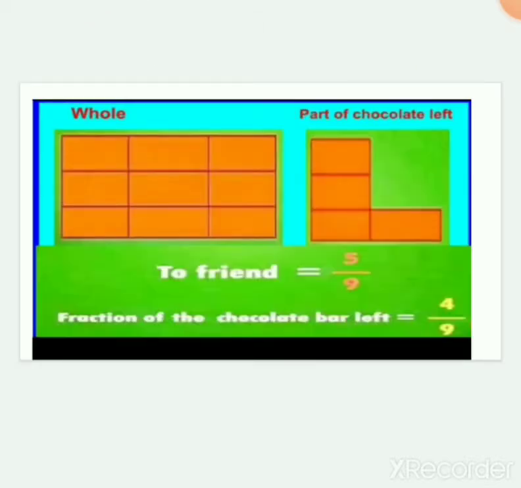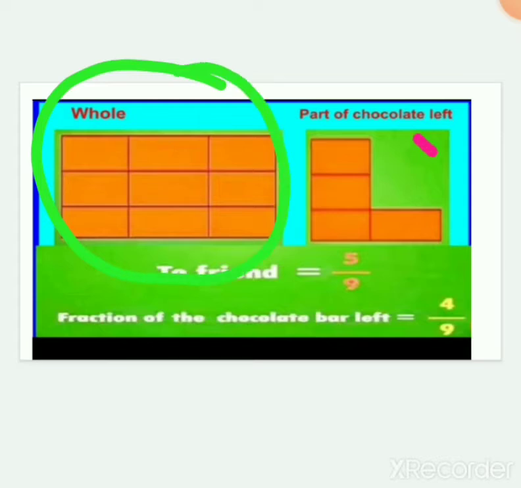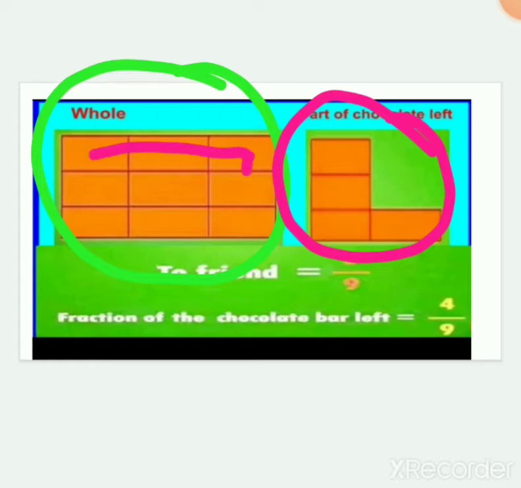So we have a big chocolate piece. This is the whole chocolate we have, and this is the left part of the chocolate. It means you have eaten this much portion of the chocolate. Okay, this much you have already eaten, and this much is the left part which is shown here.